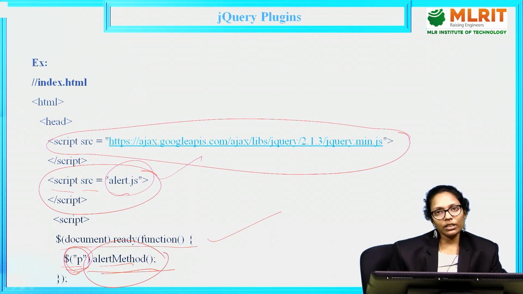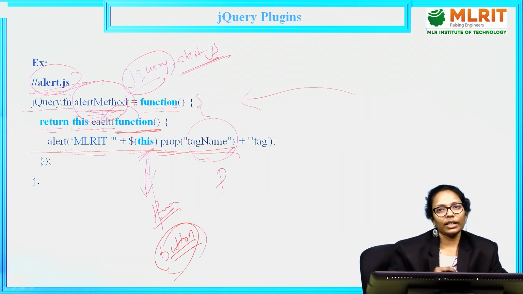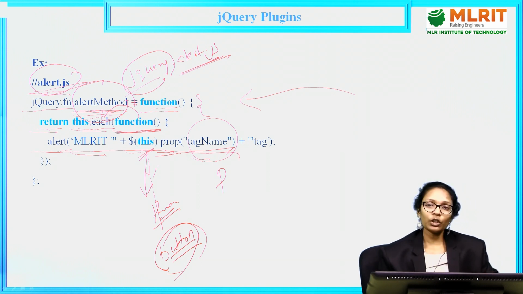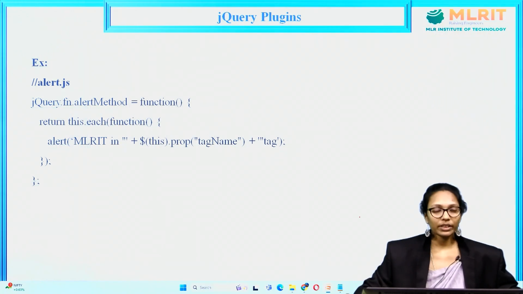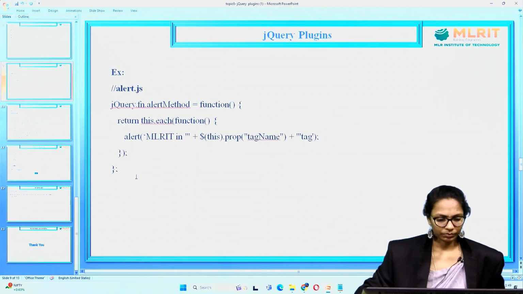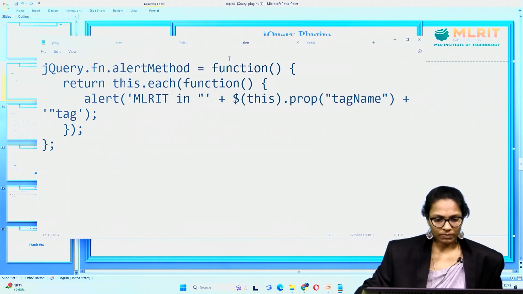What will the alert method do? This alert method is generating one alert message. So I need to write two files here, one with .js extension and one with HTML extension. Now I'll try to execute this code. This file will be saved with .js extension.